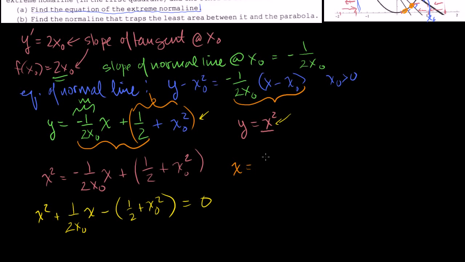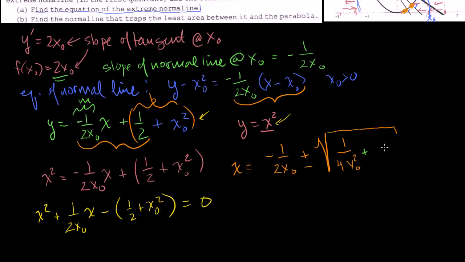So minus b is minus 1 over 2 x naught plus or minus the square root of b squared. So that's that squared. So it's 1 over 4 x naught squared minus 4ac. So minus 4 times 1 times this minus thing. So I'm going to have a minus times a minus is a plus. So it's just 4 times this because there was a 1 there. So plus 4 times this right here.